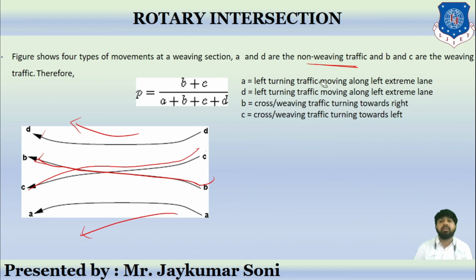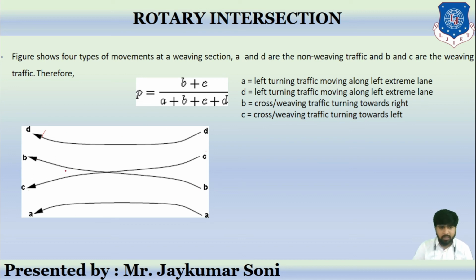Weaving means crossing the traffic. And A and D are not crossing their direction, they are going in the same direction. These are crossing. So this came from here and goes to here. This came from here and goes to here. So they are crossing their paths.